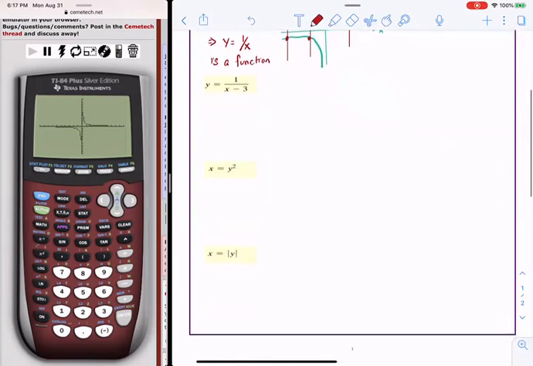The next one, we have 1 over x minus 3. So again, we go back up there to y equals, and instead of 1 over x, we have 1 divided by x minus 3.